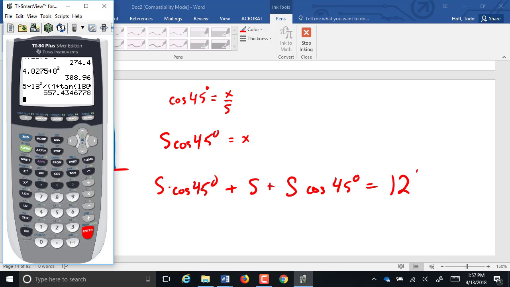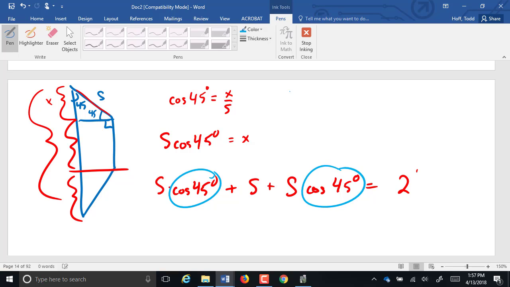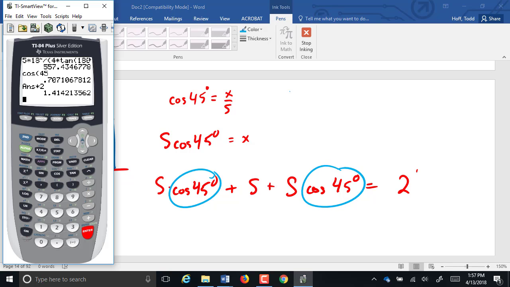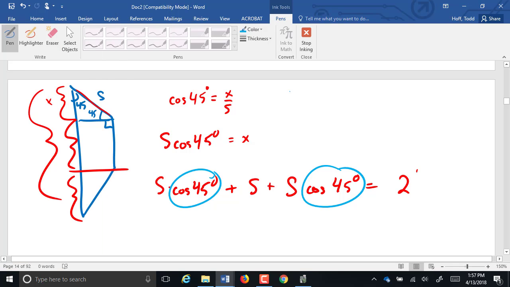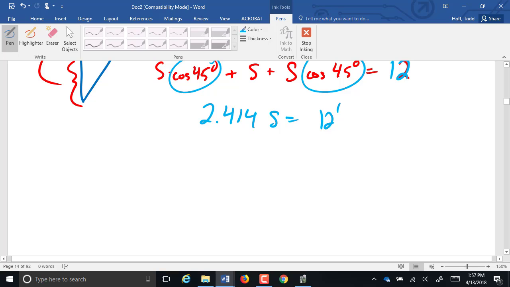What is the cosine of 45? 0.707, right? Times 2, because it appeared twice. So the cosine of 45 plus cosine of 45 adds up to 1.414 plus 1. This is 2.414s equals my 12 feet. So what do I do to the 12? I divide by that amount. 4.97 is my length, s.